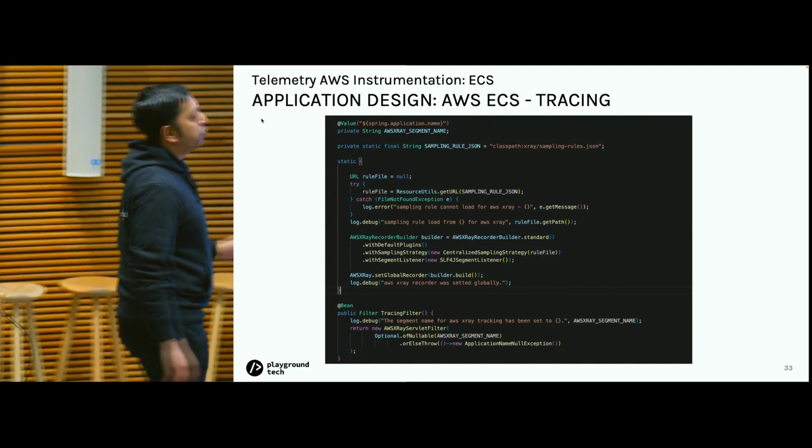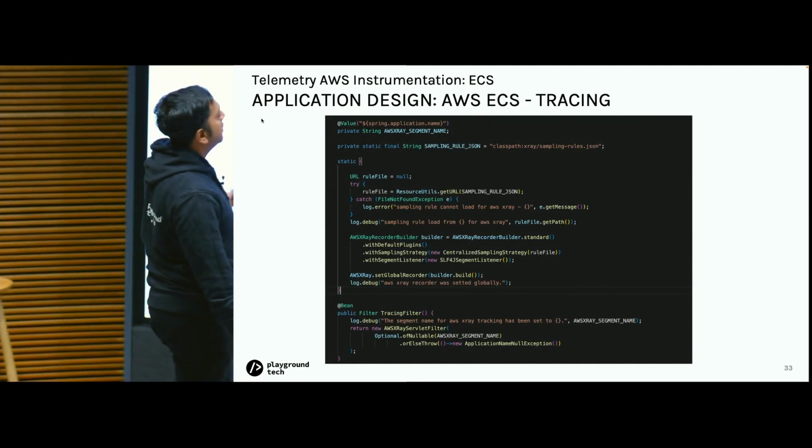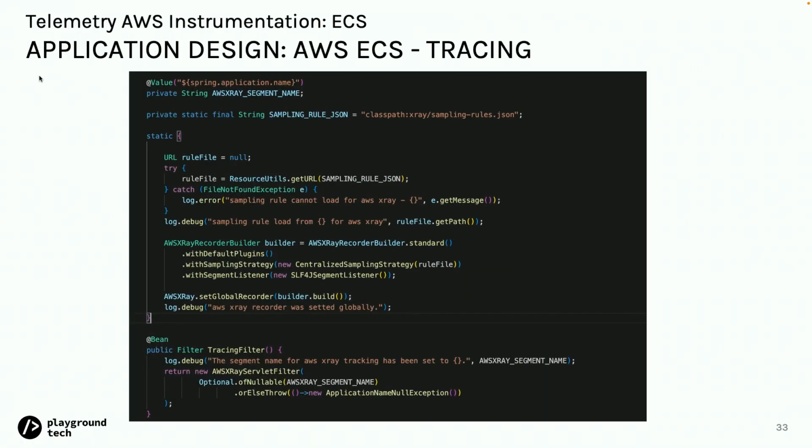And how do we do that in the code? We inject those sampling rules. This is Java code, but it is pretty much equivalent for Python and others as well. You ensure that you have a static part of the code which runs when the application spins up.